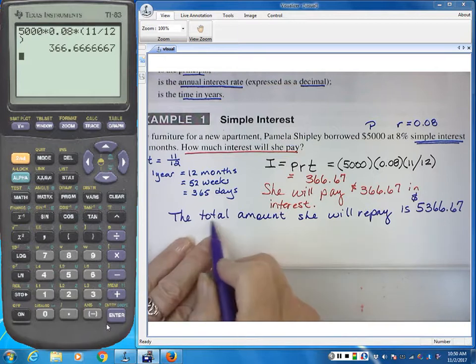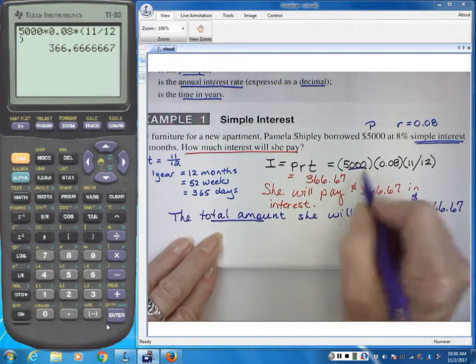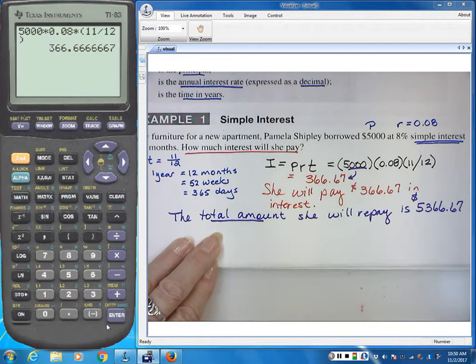And all you're doing to get that total amount is adding the amount that she borrowed to the amount of interest that she had to pay. That was her rent for borrowing the money. She basically rented that money.